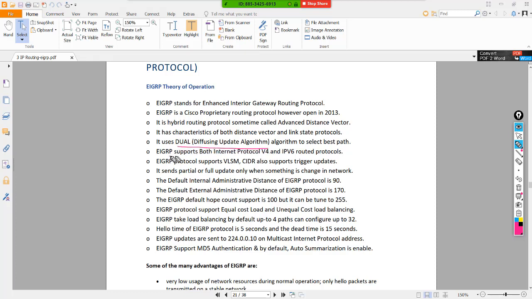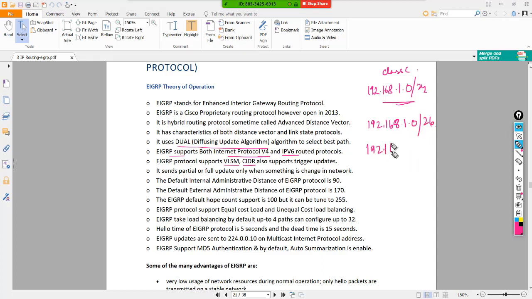EIGRP is going to support IPv4 and IPv6. EIGRP is also going to support variable length subnet mask and classless inter-domain routing. Now, you might have seen that we make unequal division of a subnet. Let's say this is an example of class C. Now I can make use of the VLSM concept, and I can just split it in terms of /26.